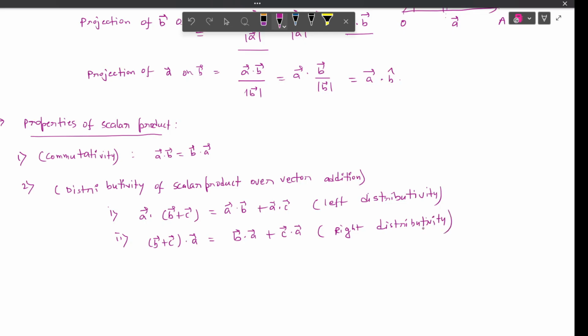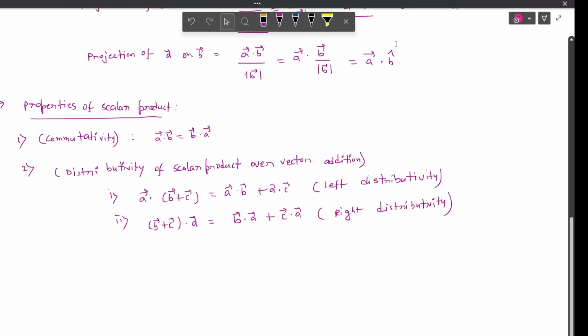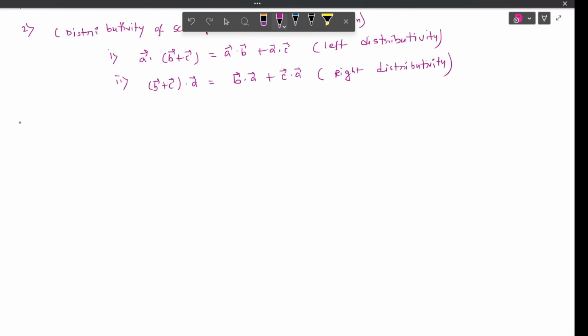Okay, now let us see property number 3. If A dot B is 0, when is this possible?